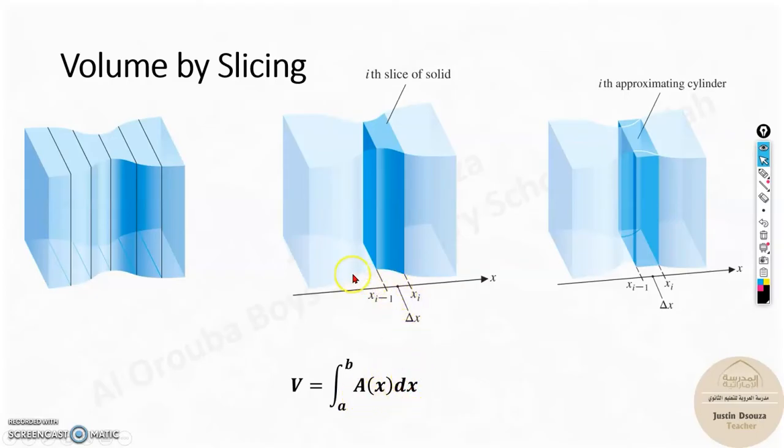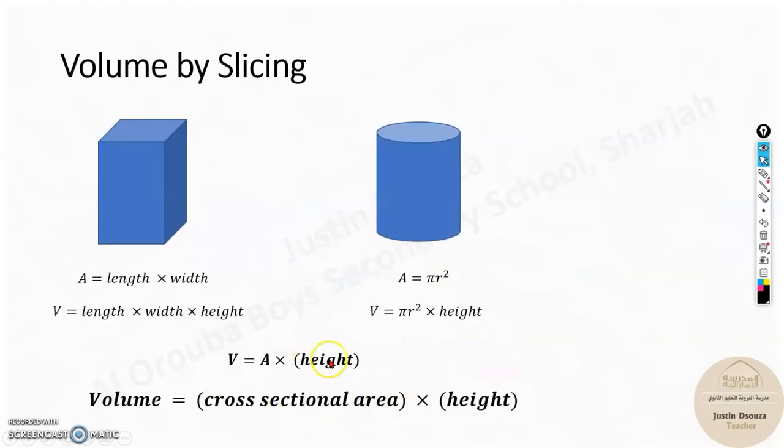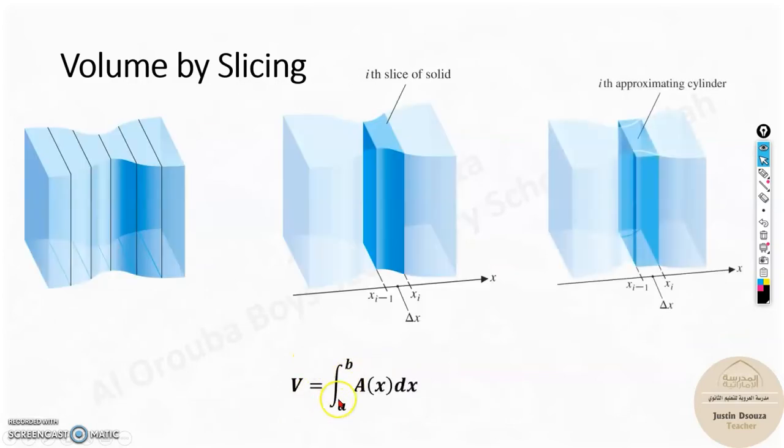This is basically the height or thickness. A of x is the area. In the previous one we got area into height. So the same thing over here, volume will be the integral from a to b, from the given limit, for the given interval, of A of x dx. If you use this formula, we can solve the coming problems.